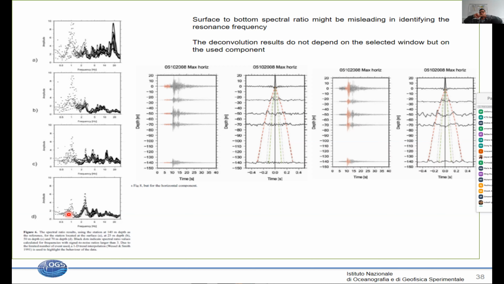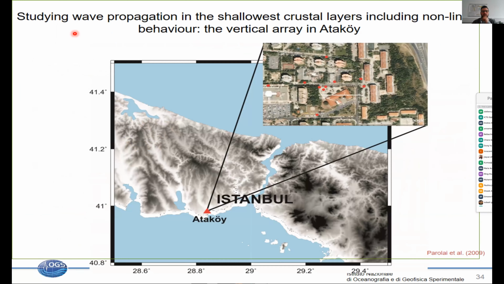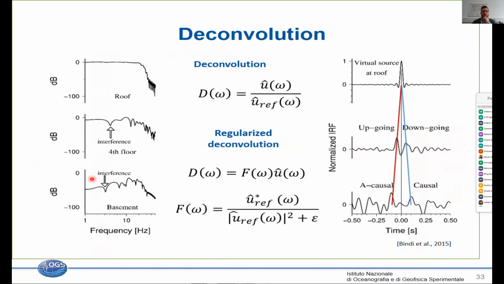And the spectrum of the reference site in the bottom is not flat, but has a trough, a hole, at exactly this frequency, which is the frequency where I have negative interference between upgoing and downgoing waves. So I have the hole, like you see here, in the spectrum of the basement.